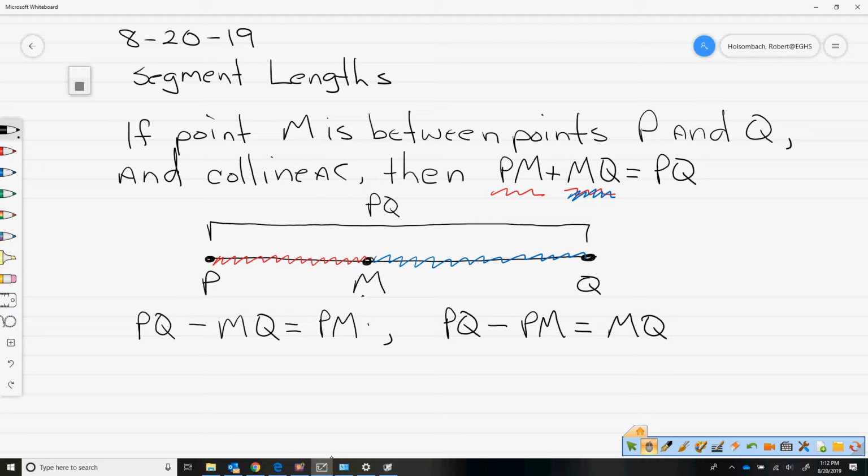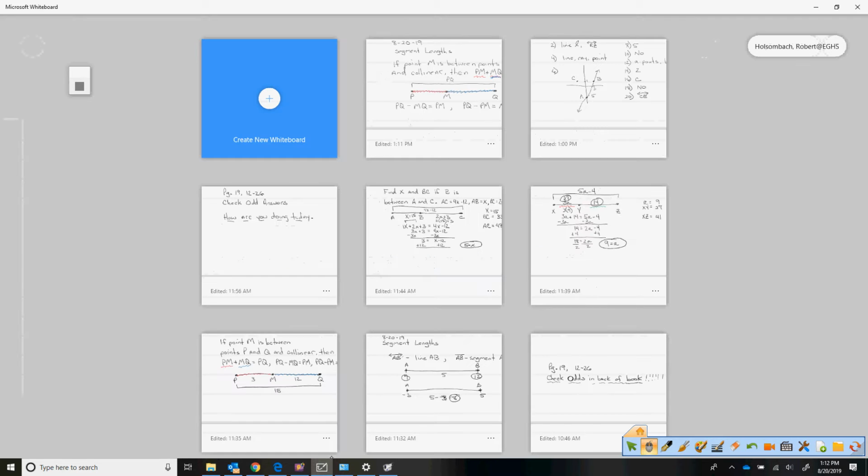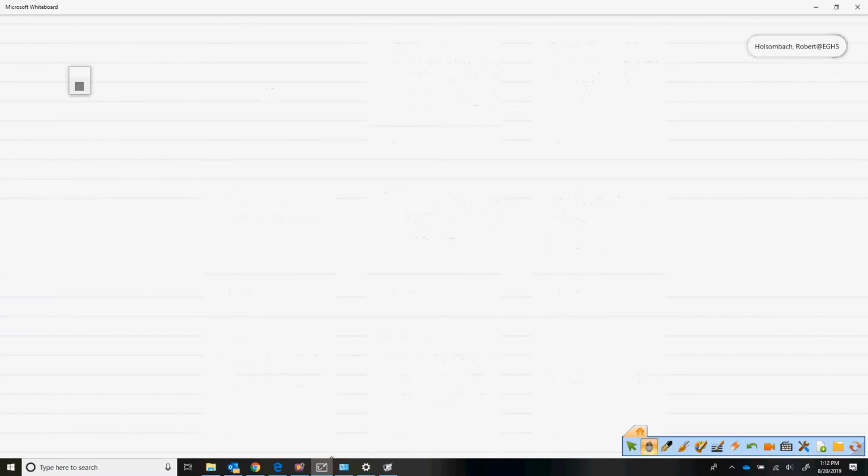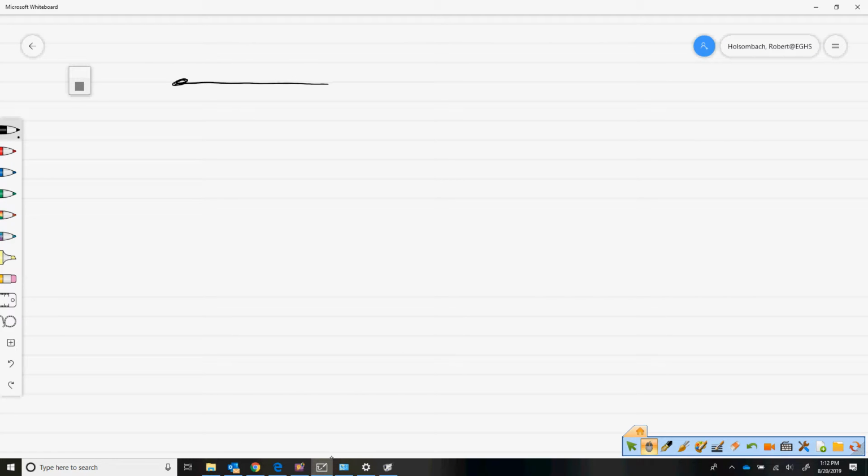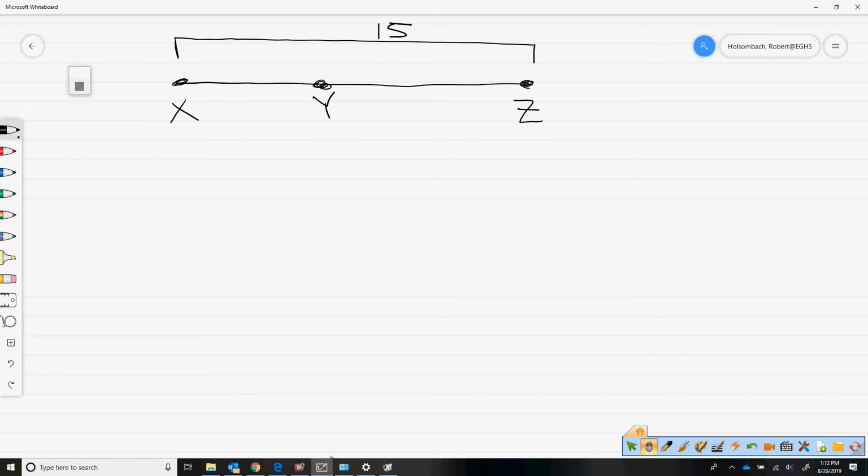So if you were given a picture, let's say you were given this picture, and you had an X and a Y and a Z. And this piece XZ is 15, and YZ was 9.